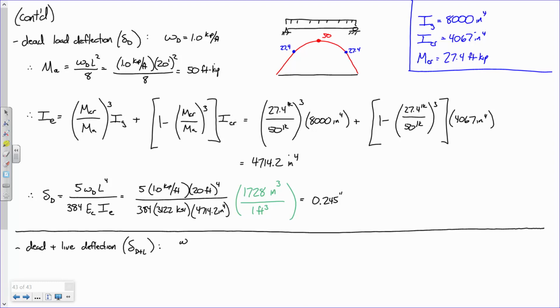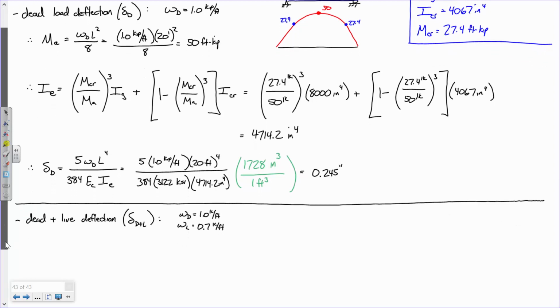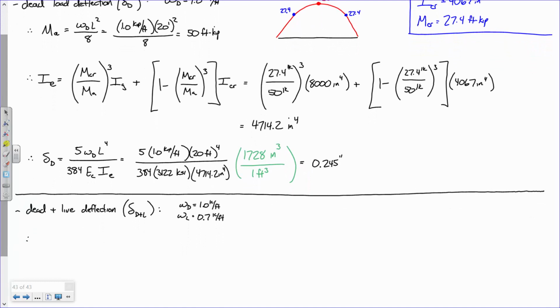So our dead load is 1 kip per foot. What's the live load? Somebody remind me. 0.7, is that what you said? Okay, so help me out. How do I compute the applied moment? How do I do that?